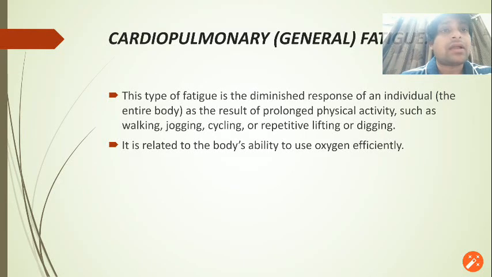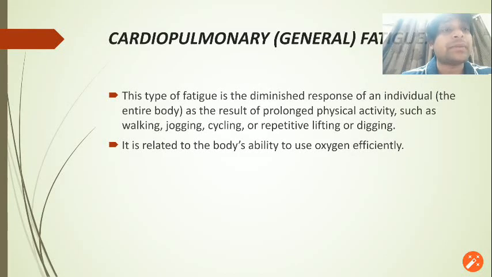Next, the other type of fatigue, cardiopulmonary or general fatigue. This type of fatigue is a diminished response of an individual as a result of prolonged physical activity such as walking, jogging, cycling, or repetitive lifting or digging. We all do daily activity, but after a prolonged period of daily activity we feel some tiredness, some lack of energy.